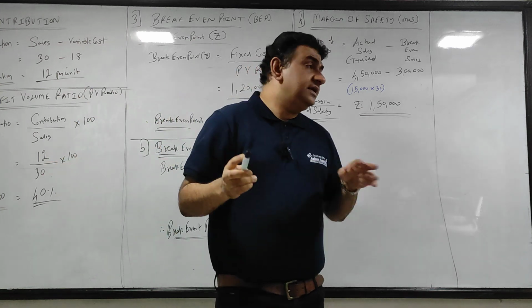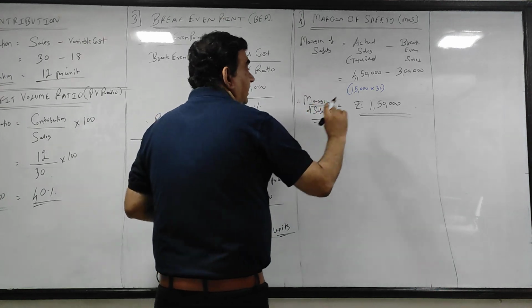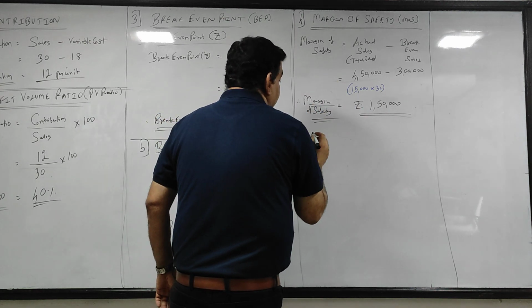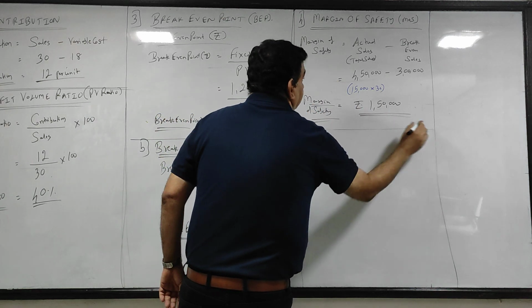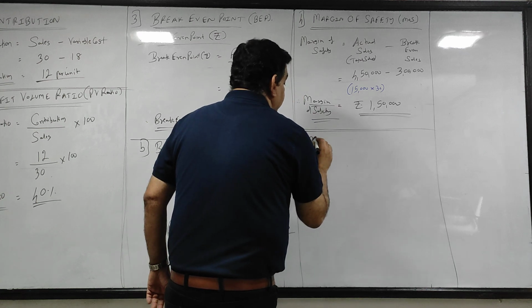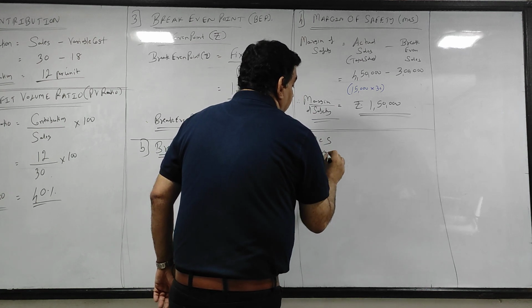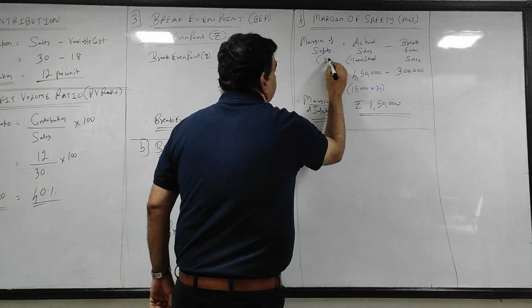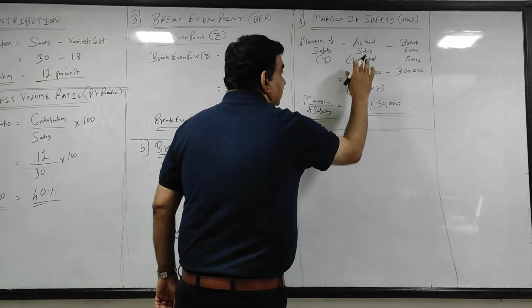And the same thing can be calculated in terms of units, where the formula will be the same formula. I just make it short. पूछा है वो लोग ने MOS in units. This was rupees. It will be the same only.